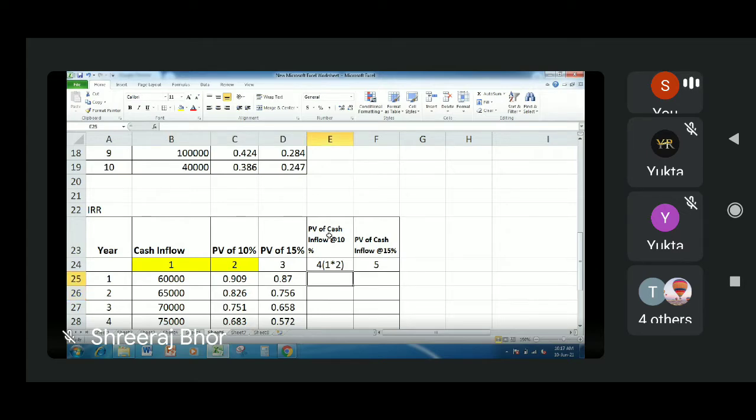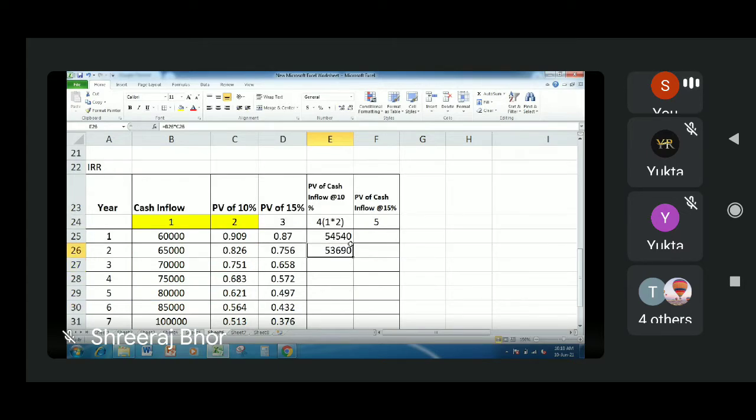In this way, we will get the PV of cash inflow at 10%. So let's calculate 60,000 into 0.909. The answer is 54,540. Next is 65,000 into 0.826. The answer is 53. In this way, we can calculate all these figures.